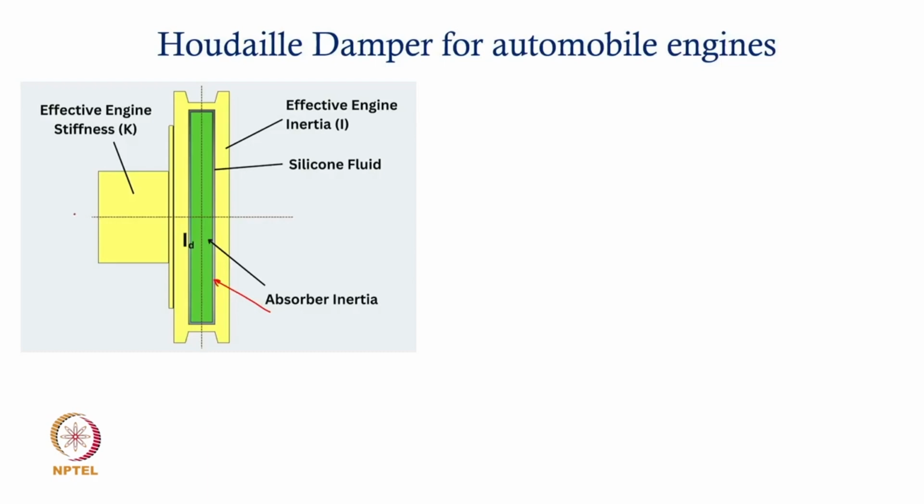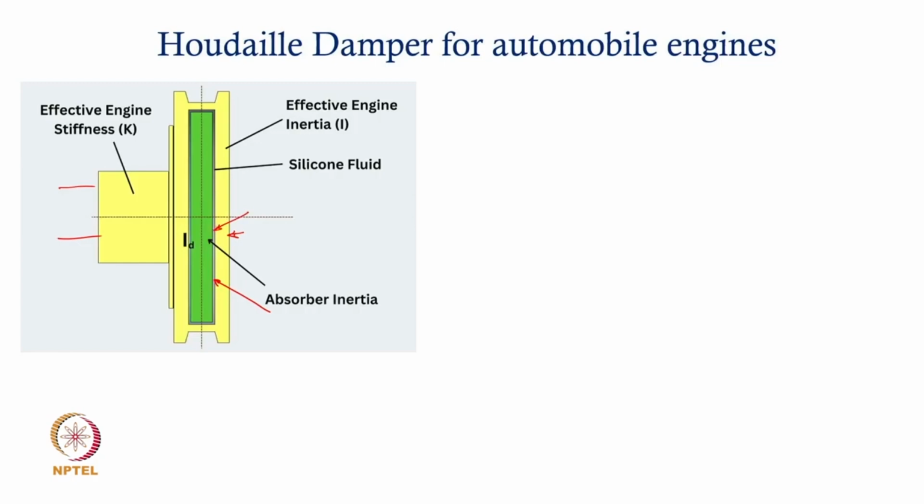So this is the end of the crankshaft, and on the end disc or pulley you have an annular space, and in that annular space silicone fluid is filled, and then you will also find a disc which is floating in that space, separated from the pulley through the viscous fluid, and it is freely floating.